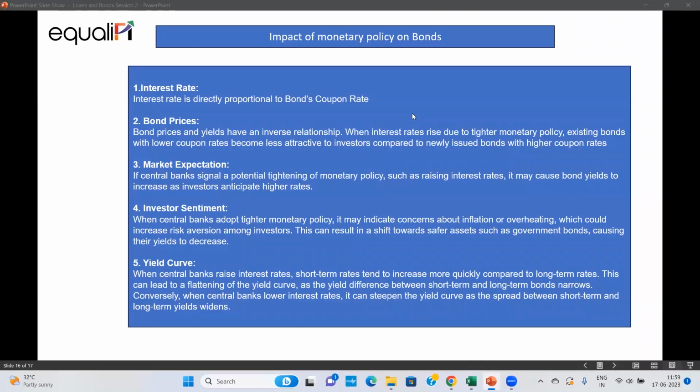This can lead to a flattening of the yield curve. Just read point number 5. This can lead to a flattening of the yield curve as the yield difference between short-term and long-term bonds narrows. Conversely, when central bank lowers interest rate, it can steepen the yield curve as the spread widens between the short and long term yields.